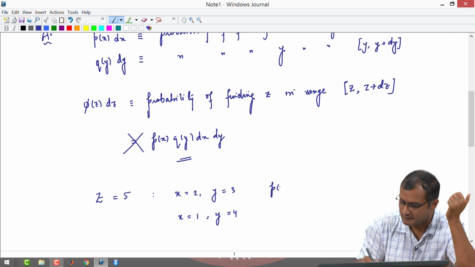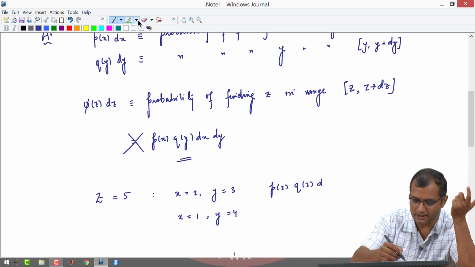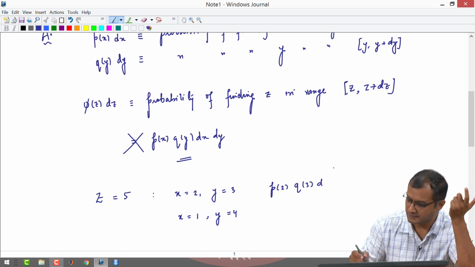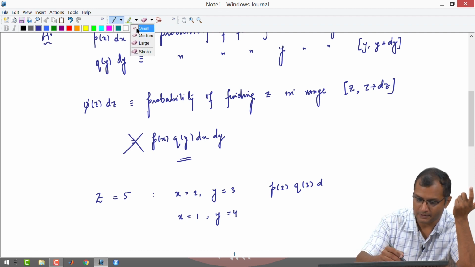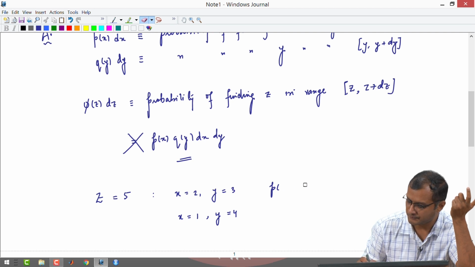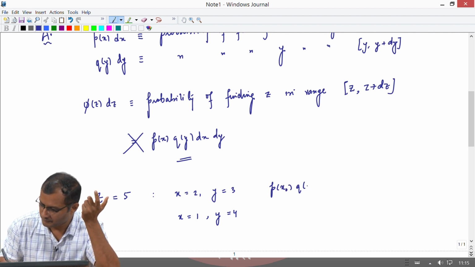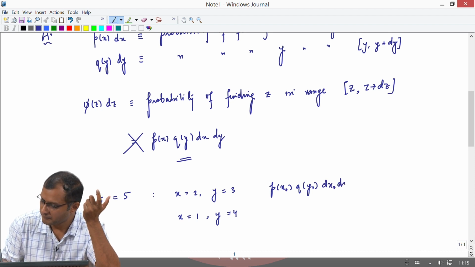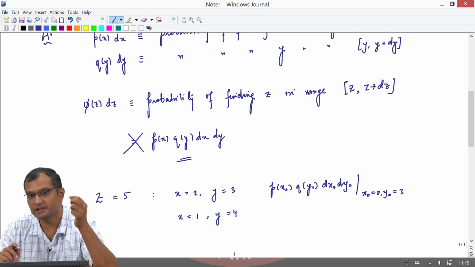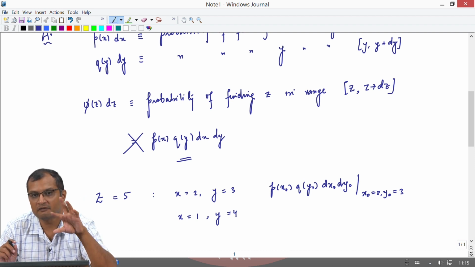So, if I take p of 2 and q of 3, well, this would give me the joint probability of getting x in the neighborhood of 2 and y in the neighborhood of 3, which will give me the sum as 5 in the neighborhood of 5.